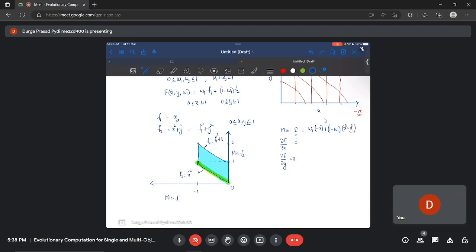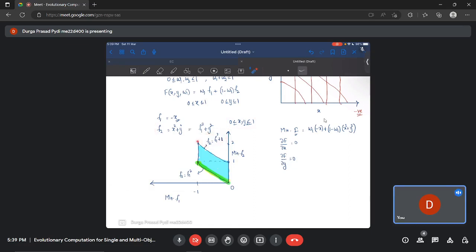Sir, just a minute. In the figure, at the top you have f2 equal to f1 square plus 1. Yes, because this is my original equation, f1 square plus y square. The maximum value of y that this problem can take, because x comma y lie between 0 comma 1, means the maximum value of f2 will be f1 square plus 1.